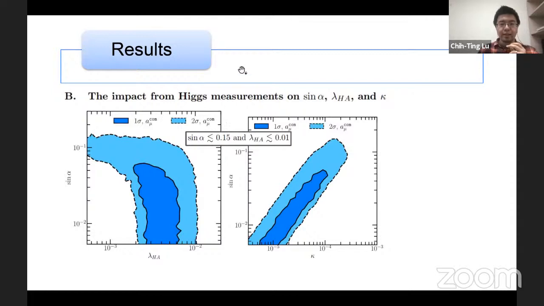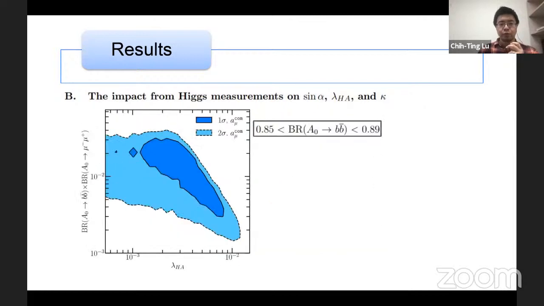On the other hand, for the constraint from the Higgs measurement, the allowed parameter space shows the mixing angle should be less than 0.15, and the coupling between the Higgs and two pseudoscalar-like A should be less than 0.01.